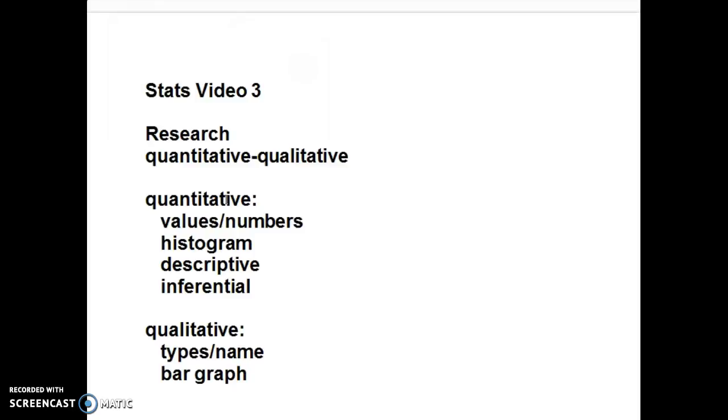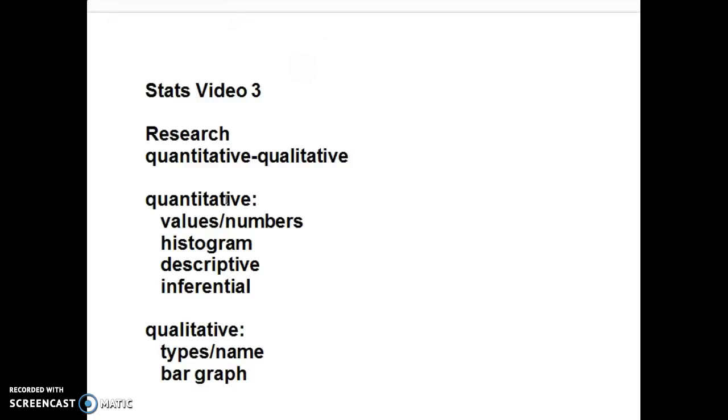It could be the height of trees. Now, if we had 50 trees that we were going to measure and take the height of, that would be descriptive research. If we took the height of each of the 50 trees, that would be the population. That is the area that we are studying.